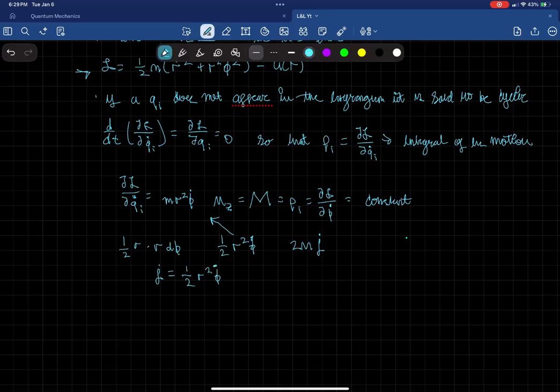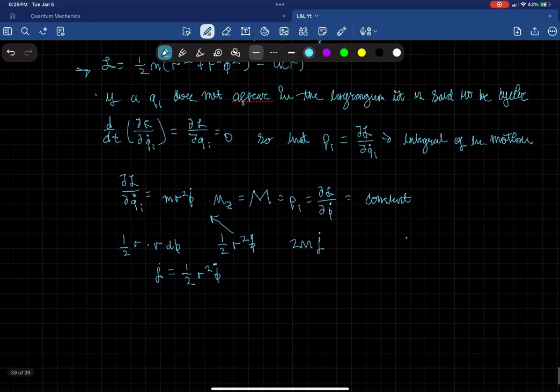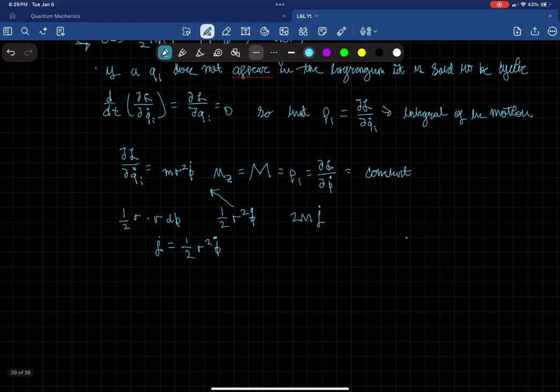If we multiply that by twice the mass, then we just get our angular momentum. So thus we can also express M, the angular momentum, as 2m f dot. And f dot here we will also define as the sectorial velocity.